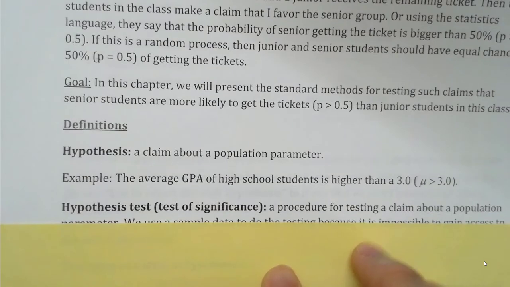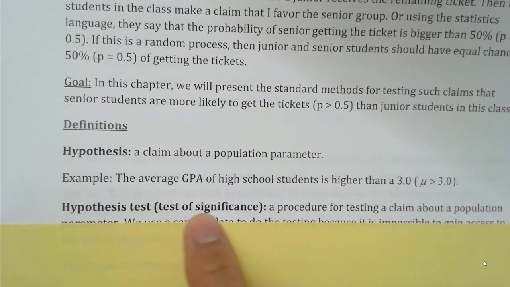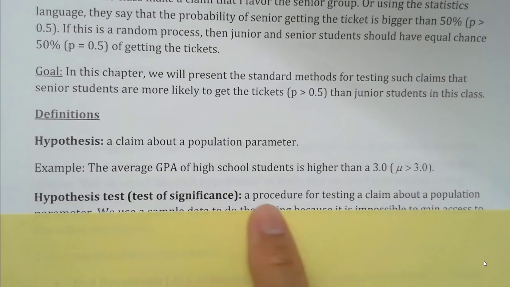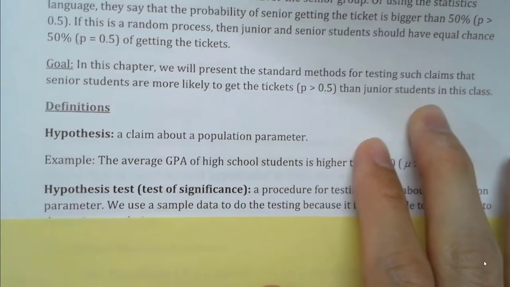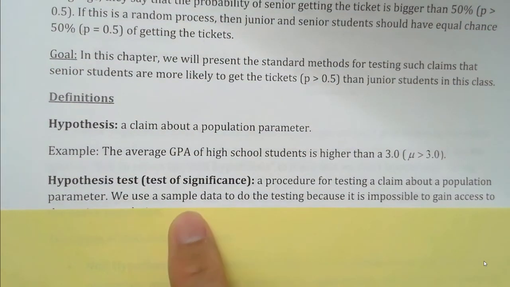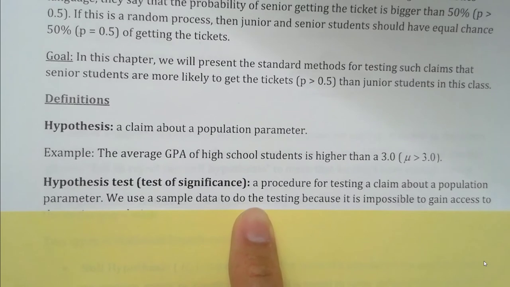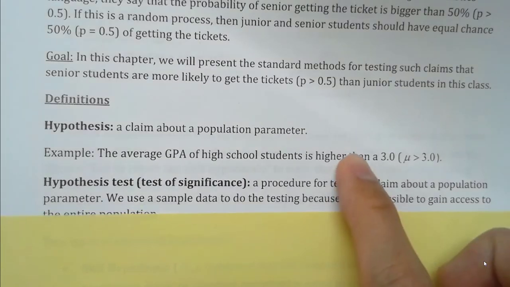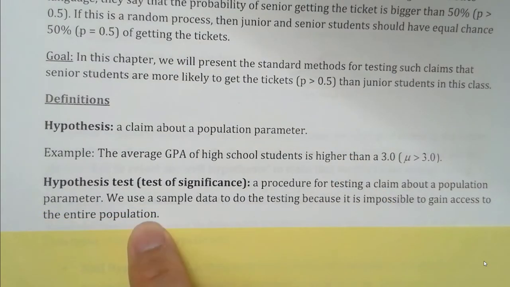Hypothesis test, or we call it the test of significance. This is a procedure for testing a claim about a population parameter, and we use sample data to do the testing because it's impossible to gain access to the entire population.